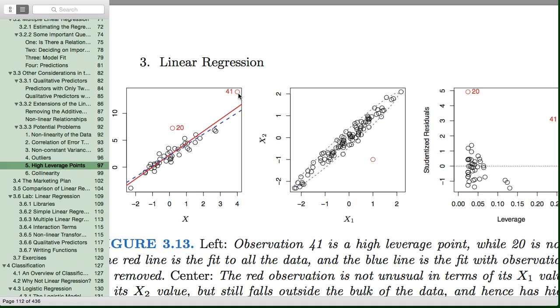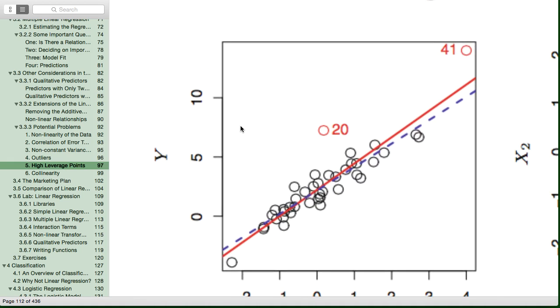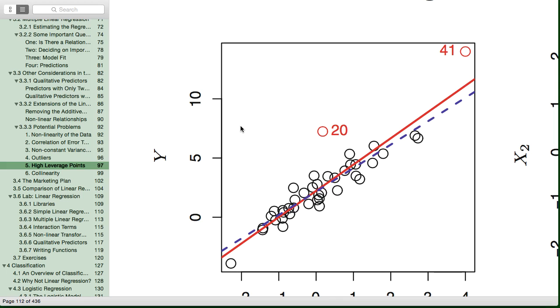This outlier has the power to change the regression line. So the dashed line is the regression line without point 41. The red line is the regression line with point 41. Look at the difference in the slope there. It's actually dragged the slope up. That 1 point has tilted the whole line quite significantly.